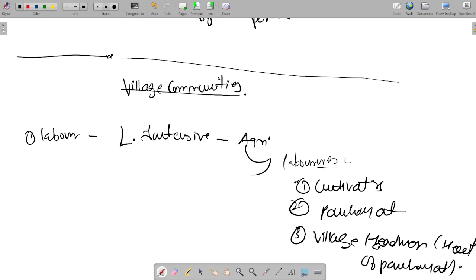This village headman was also called muqaddam or mandal.